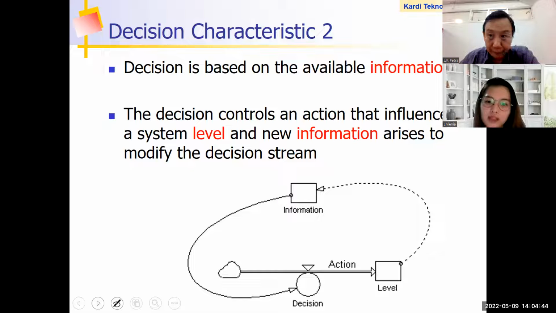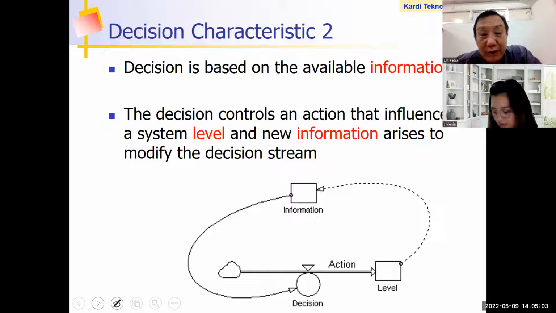So is the decision the same as the flow out rate? Yes. Decision is basically the flow in or flow out. It can be flow in, it can be flow out. Basically, when we say decision, action, that is rate.